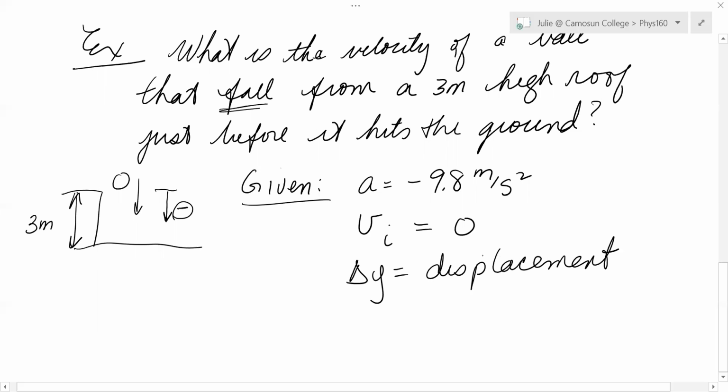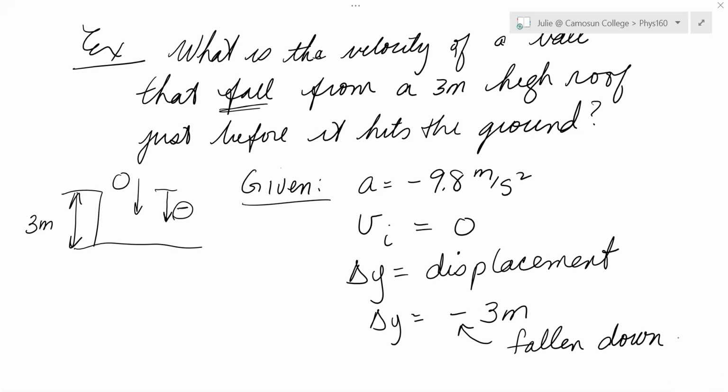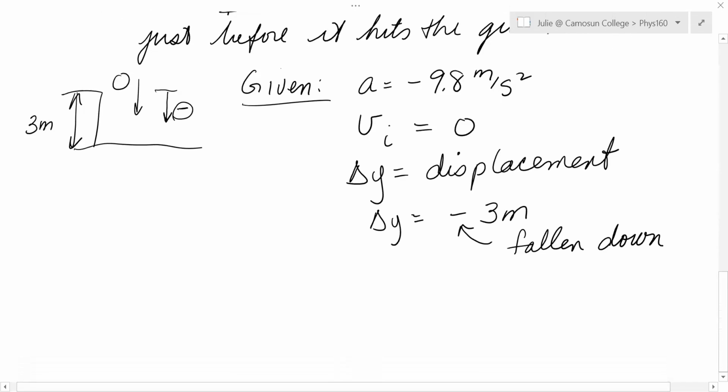You could use delta x in the equations, that's fine, but delta y is more common. So this is displacement. This would be a negative number because it has fallen down. Be real careful there, you have to get that. Fallen down. So even though you're given that the height of the roof is 3 meters, heights are always positive, and that's the roof, it has nothing to do with the ball. The fact the ball has moved down means it's negative displacement. Okay, so there's our 3 givens.